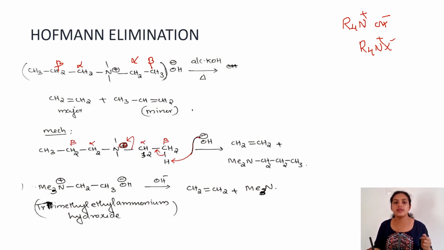But in the case of the ethyl group only hydrogens are present, so that is the less sterically hindered site. So this base, OH minus, abstracts a proton from the ethyl group and gives ethylene as the major product. This is the Hofmann elimination reaction or Hofmann rule.